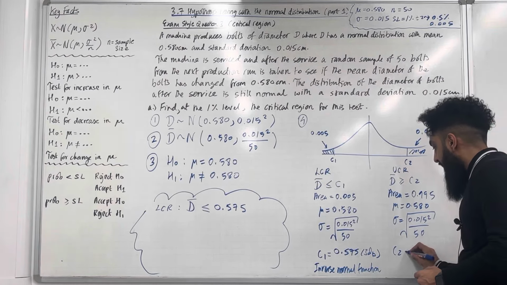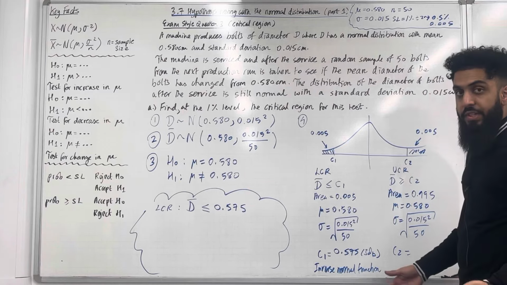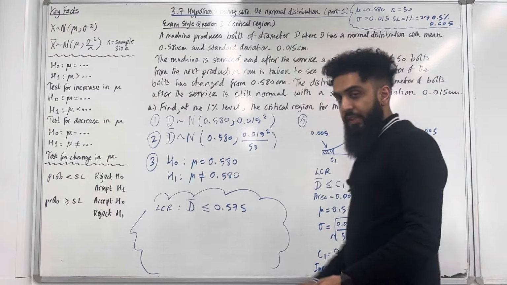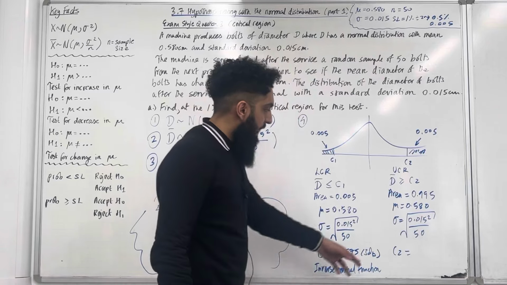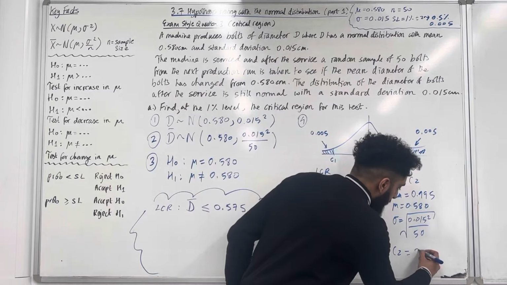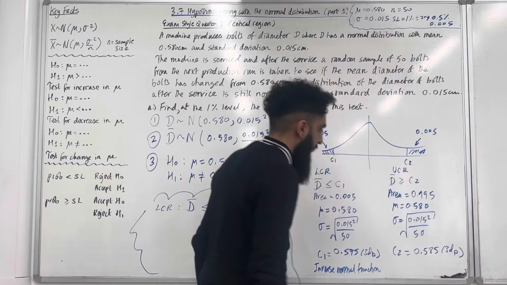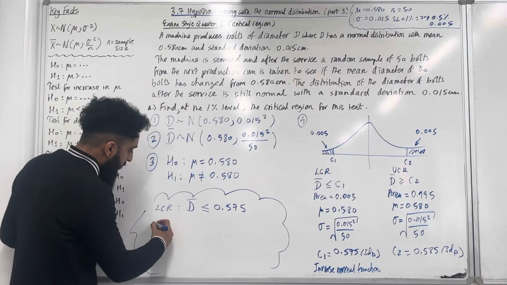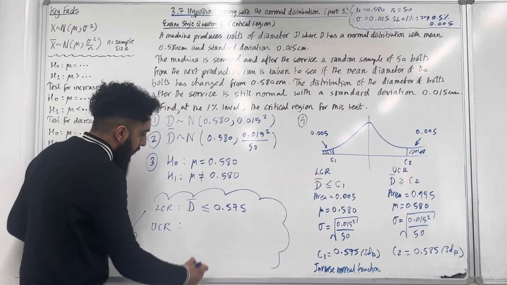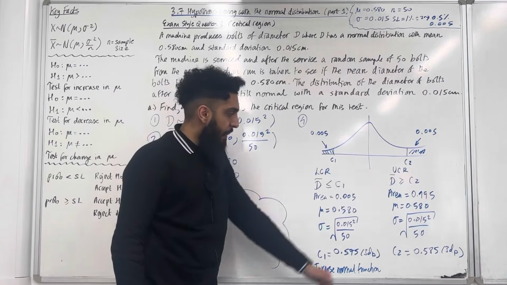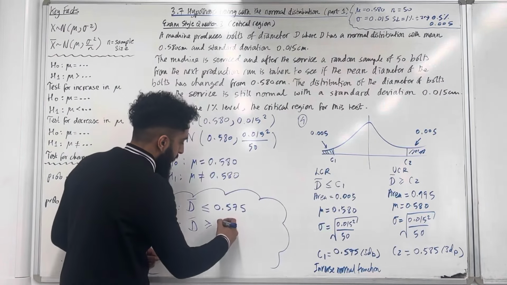And now we want C2, our second critical value. So we have to use the inverse normal function. My C2 value will be 0.585 to 3 decimal places. So my upper critical region, UCR, would be D bar is greater than or equal to C2, and my C2 is 0.585.